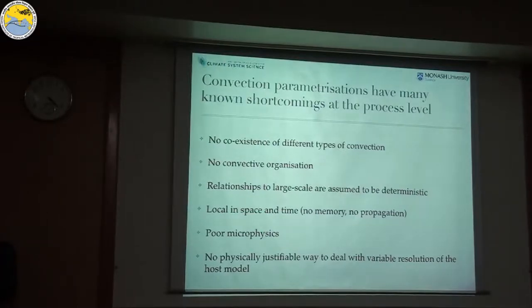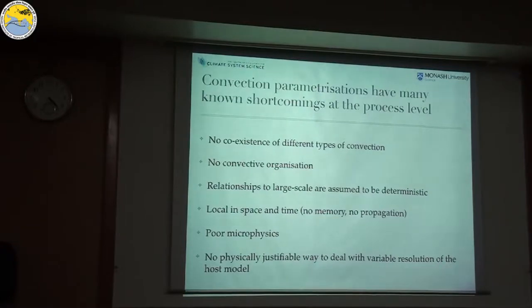The relationship between the large and the small scales is assumed to be deterministic in pretty much every convection scheme that is around right now. You may have heard or read about stochastic physics, but that's usually bolted on after the convection has done something. What that says is that if you were to walk around the Earth many times and you found identical large-scale states, let's assume we could do that, right?